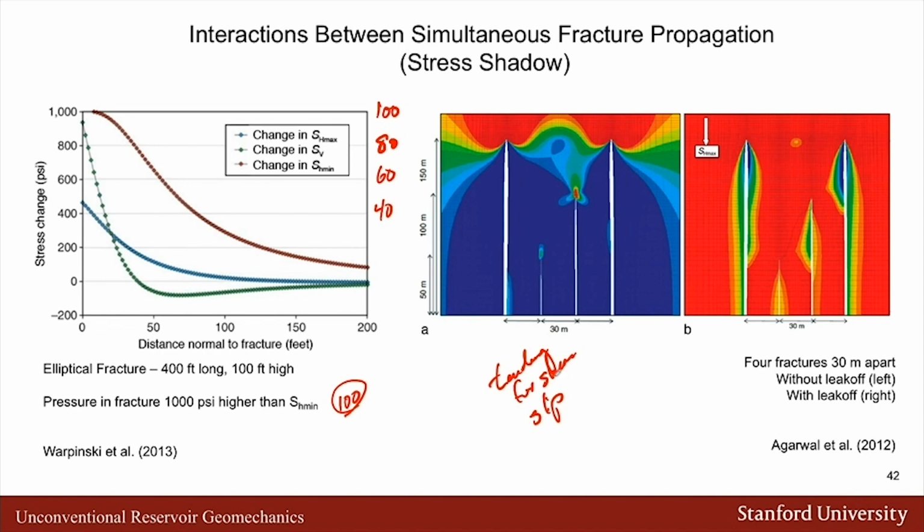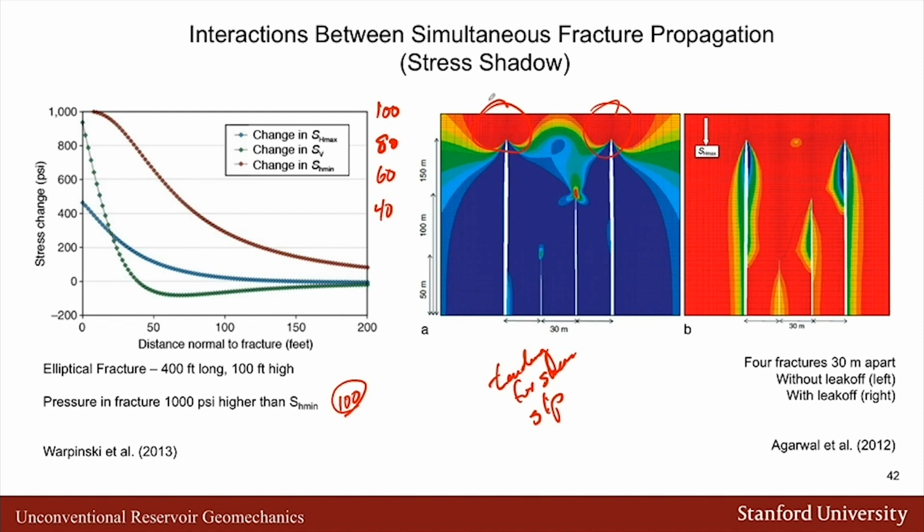If there's no leak off, there's very little tendency to induce slip, except near the tips of the fractures. The only place we would ever expect to see microseismic events is near the fracture tip. You're not getting any leak off, any stimulation of slip on pre-existing planes.